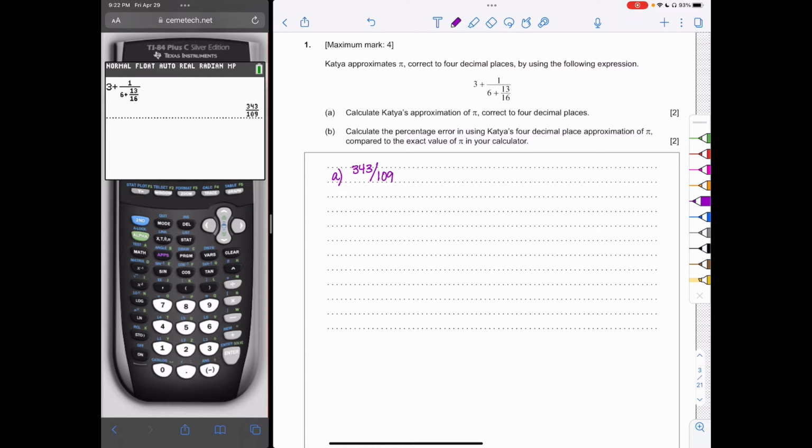Right? So when I do that, I want to round to 4 decimal places. So I can go to math, go down to decimal, press enter and press enter again. So to 4 decimal places, this would be approximately 3.1468 to 4 decimal places.